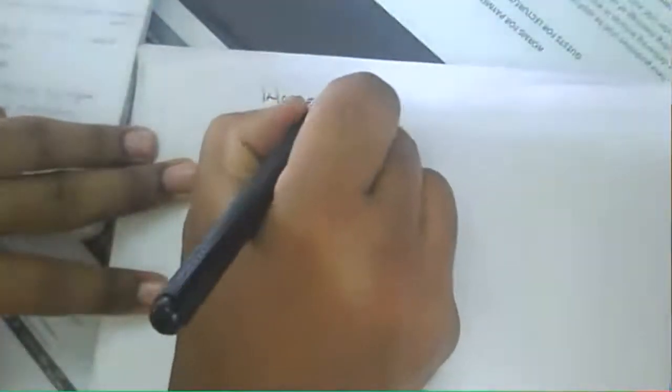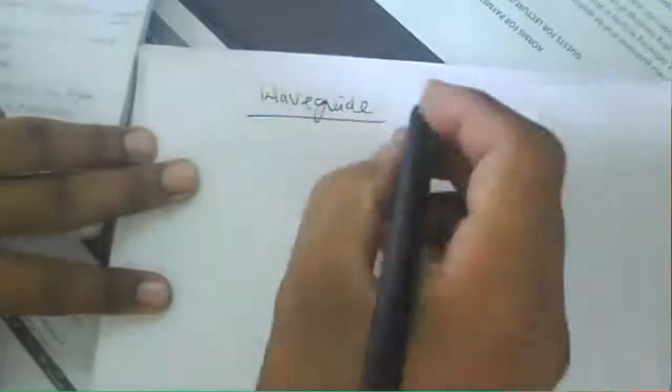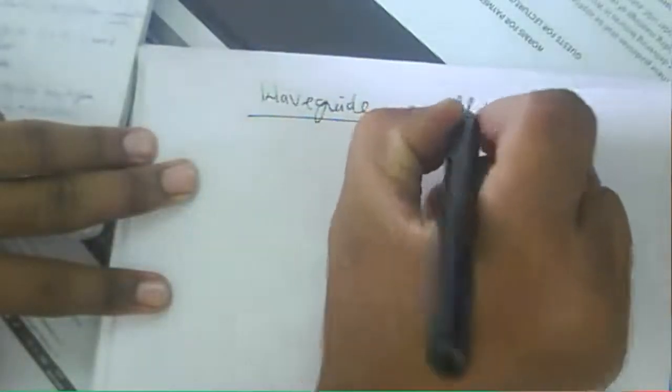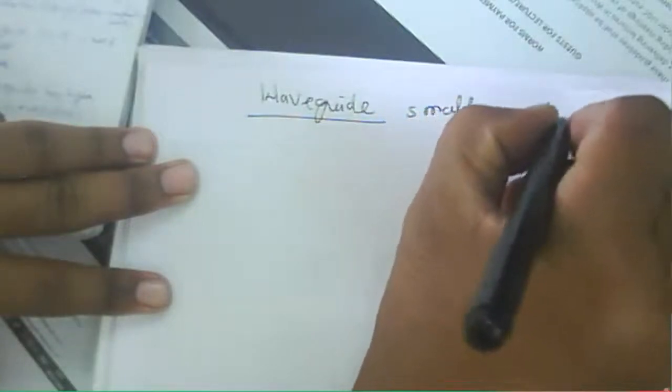So how is your wave propagating through it? In a waveguide, waveguide means a small wave, propagating in a small wavelength.